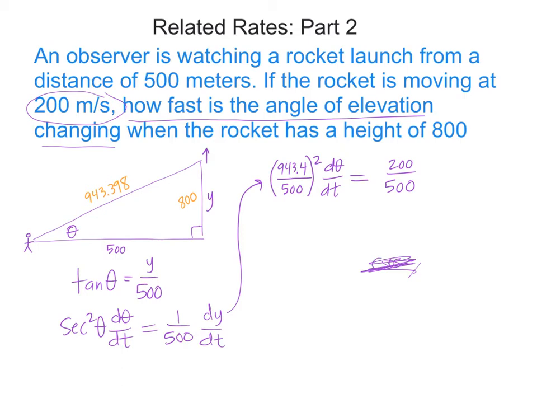And then I need to multiply both sides by 500 squared, because that 500 is getting squared. It's part of the fraction that's getting squared. I need to divide both sides by 943.4 squared. And that should leave me with d theta dt. And it's going to be 0.112.